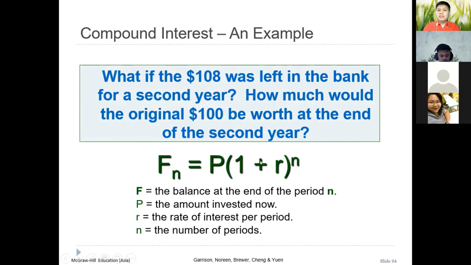So, using the same formula, F equals P times (1 plus R) raised to the N, all numbers will be the same except for N. Because N now becomes 2, because this covers 2 years.